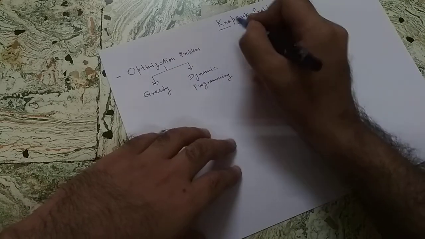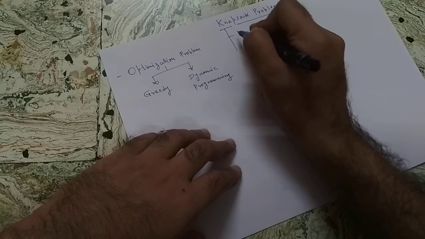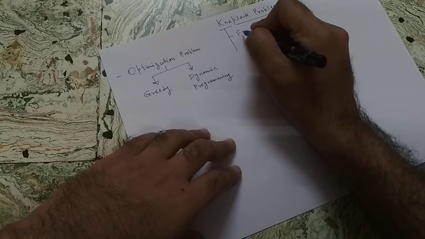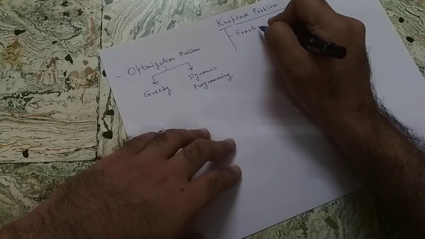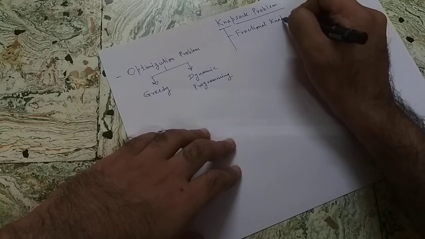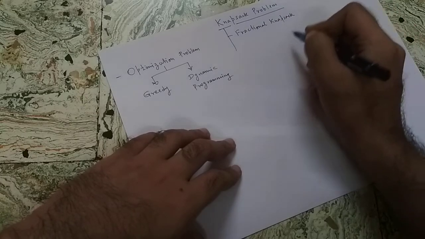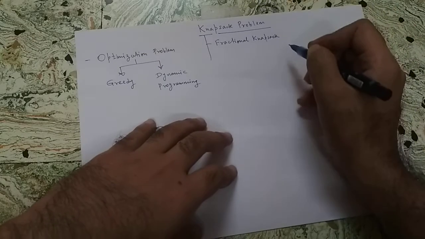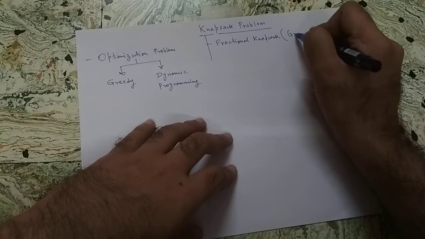Now, the knapsack problem is of two types. One is fractional knapsack, which we'll discuss in this video, and which is solved using the greedy approach.